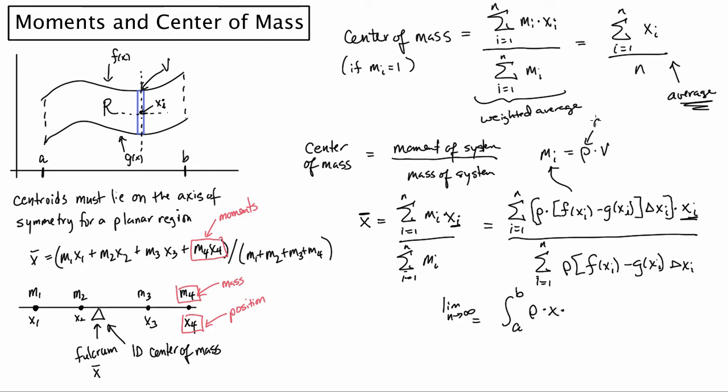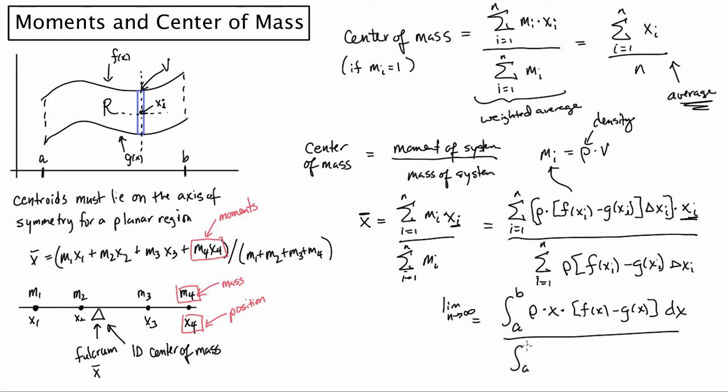So remember, rho here is the density. And then the width here would be f of x minus g of x. And then delta x becomes dx.